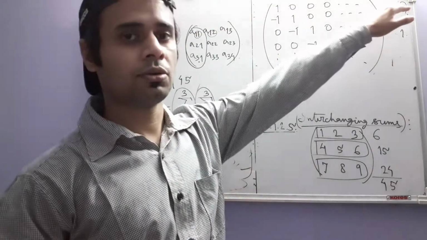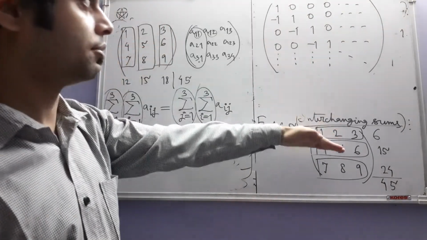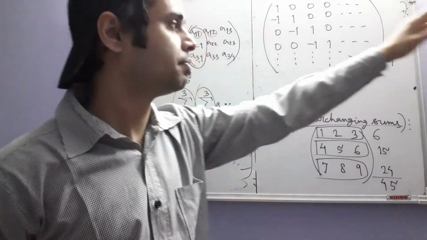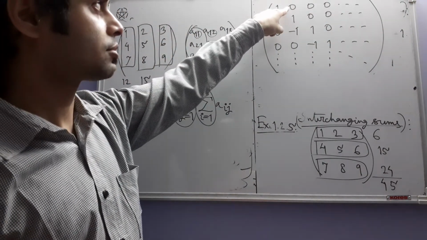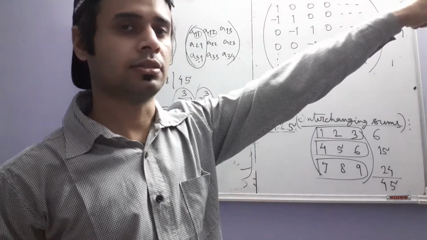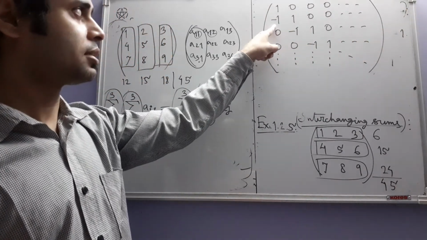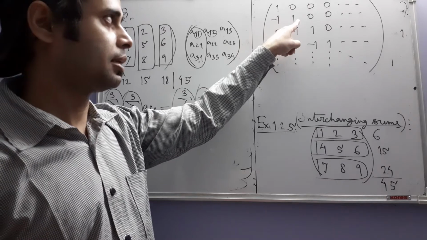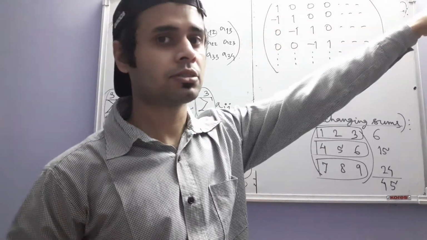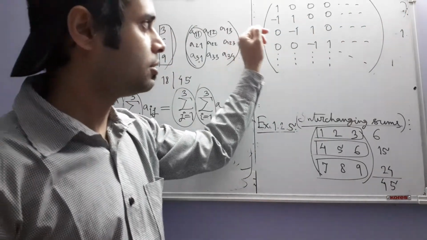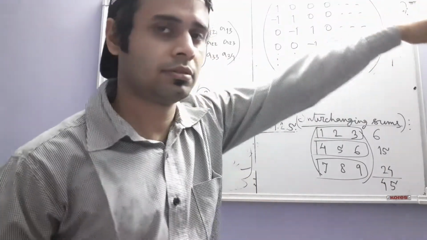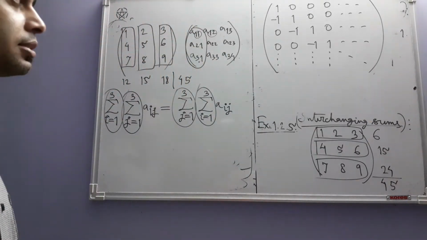Here there are infinitely many rows and each row has infinitely many entries. For example, in the first row the first entry is 1 and after that all the entries are 0. In the second row the first entry is -1, then the next one is +1, then from the third one onwards all are 0. So it's following a pattern and then this is shifted one place to the right side.